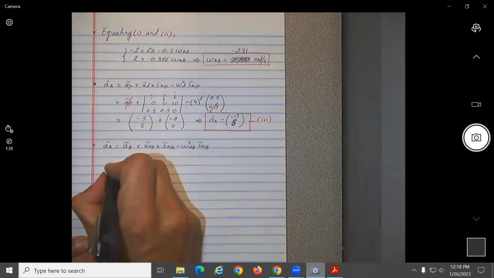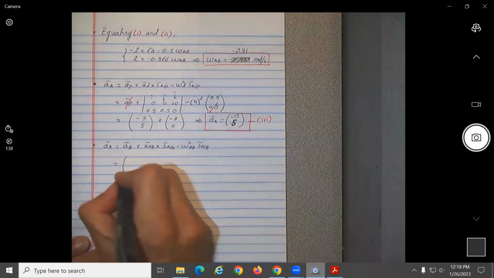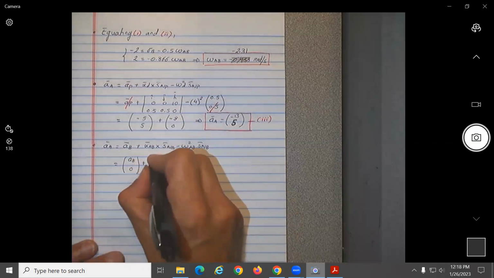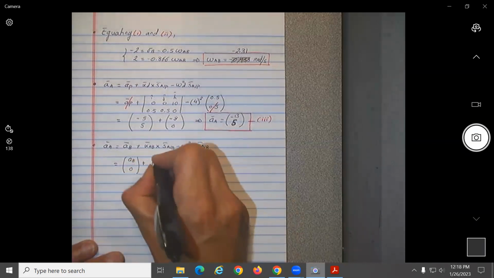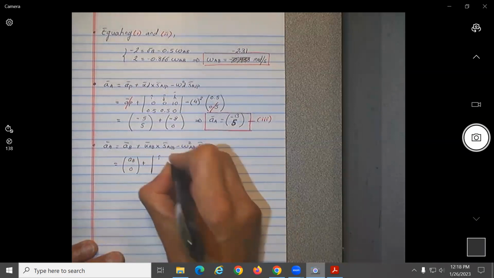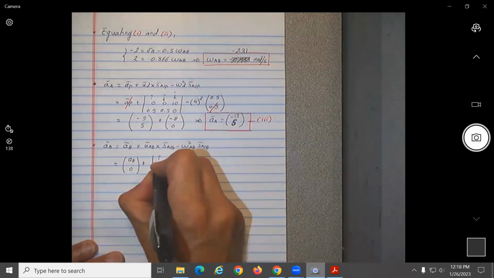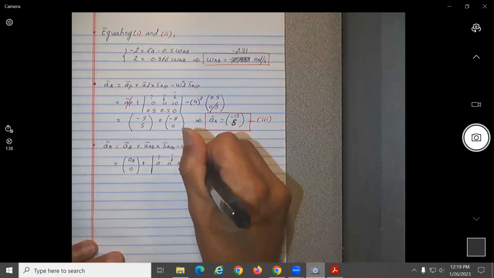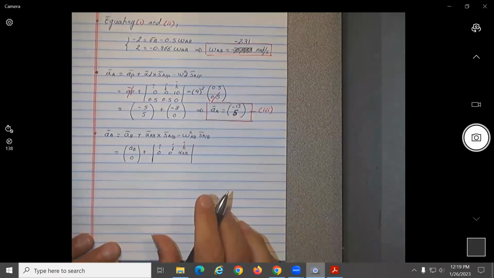So what do we know about the acceleration of B? There's no Y component, only X component. Okay, so you put it in the equation. Now the second one should not be the difficult one. We know it's i, j, k, 0, 0, alpha B, which is what we need to find.